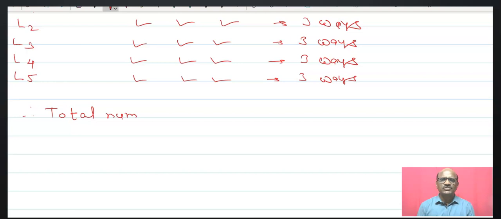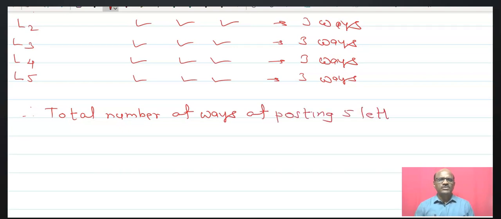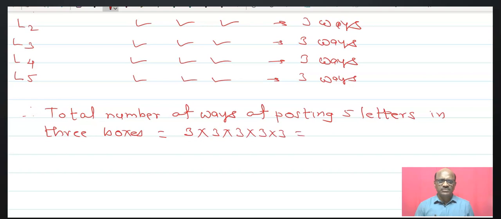That is 3 raised to 5, that is 243. Therefore the total number of ways of posting 5 letters in 3 boxes is 243 ways.